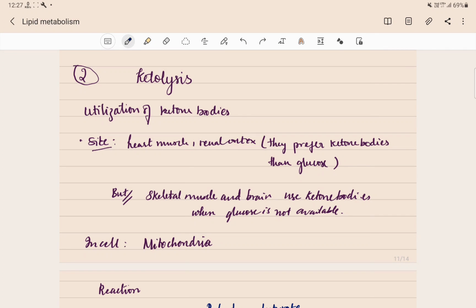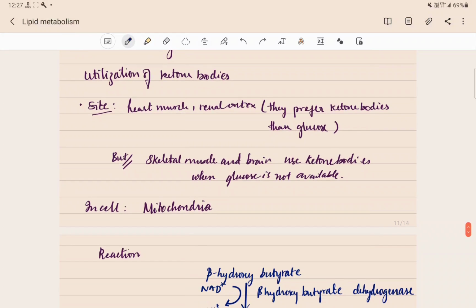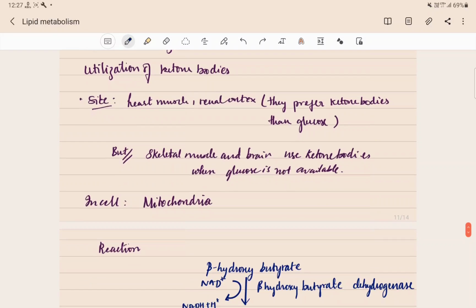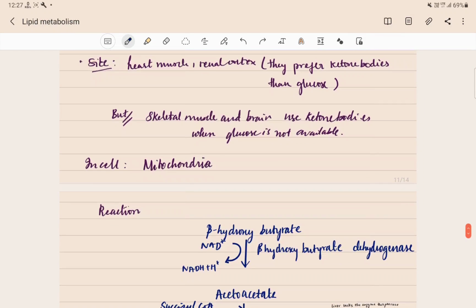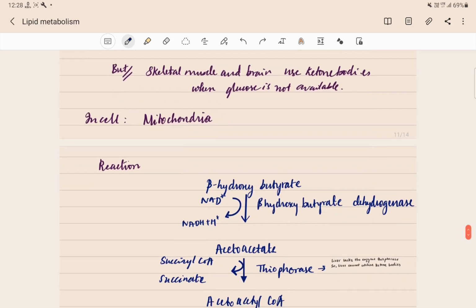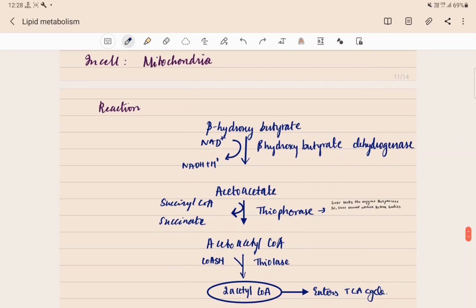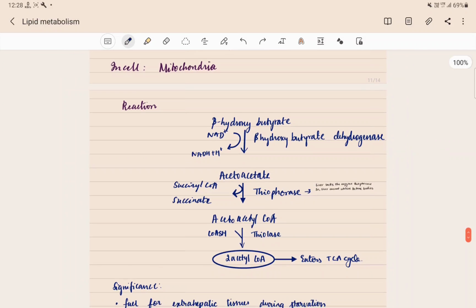The sites for ketolysis are heart muscle and renal cortex, because they prefer ketone bodies over glucose. Ketone bodies are also utilized in skeletal muscles and brain. When glucose is not available, all these reactions occur in the mitochondria.